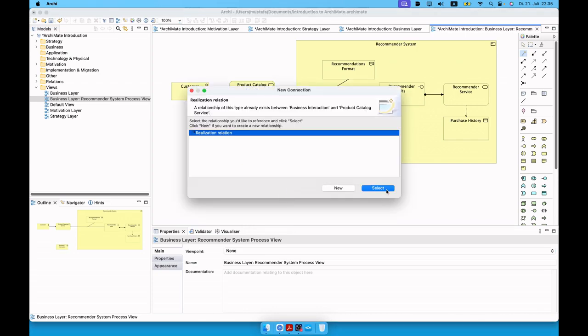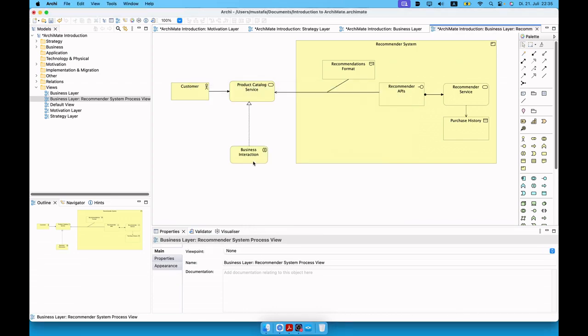Actually, the business interaction realizes the product catalog service and realizes the recommender service. So basically the idea is that this business interaction is a realization relationship between personalized browse catalog.